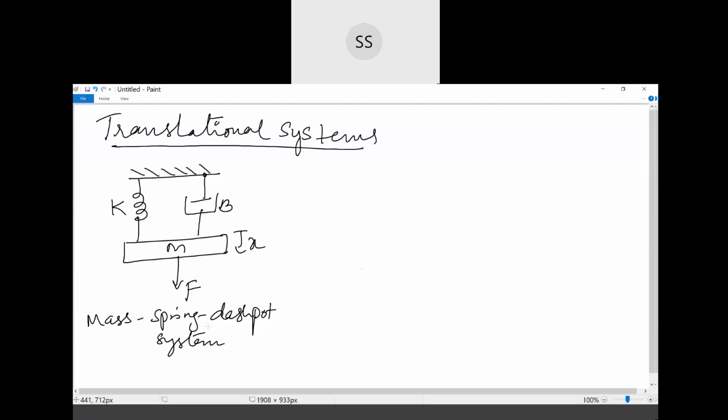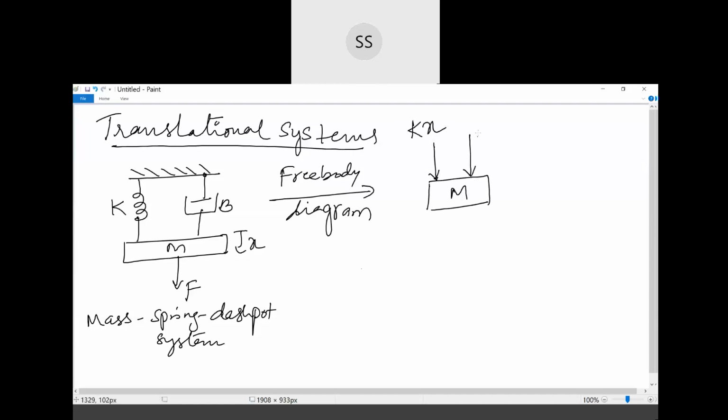In the free body diagram, we are representing again the elements involved in the system, that is the mass, as well as all the forces that are acting, that is k into x, and here this will be b into dx by dt, and force F. Because of that, the resulting displacement x. So this diagram is known as a free body diagram.